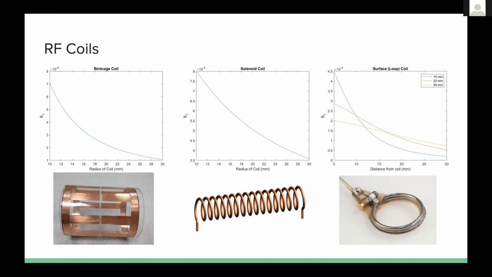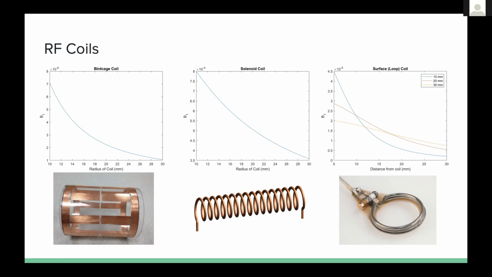For anyone who is familiar with antennas, you have probably heard of the antenna reciprocity theorem, which allows you to calculate how well an antenna is able to pick up a signal by understanding how well that antenna is able to transmit the signal.